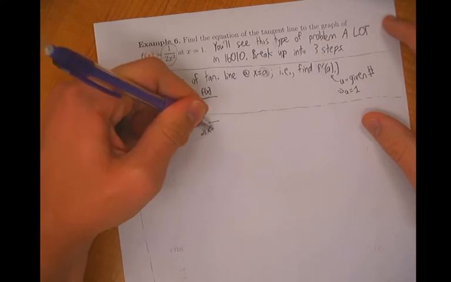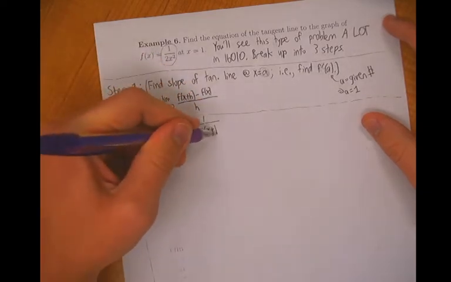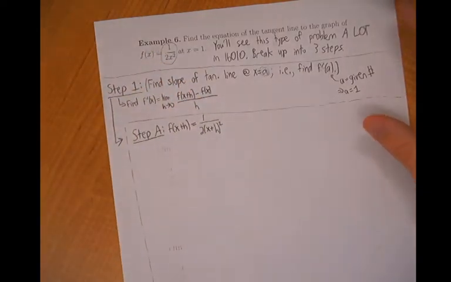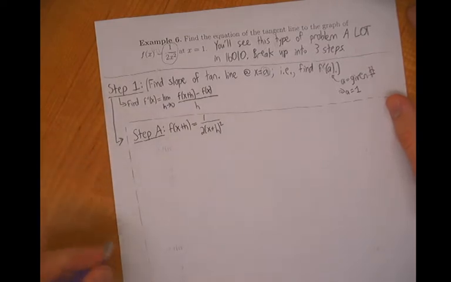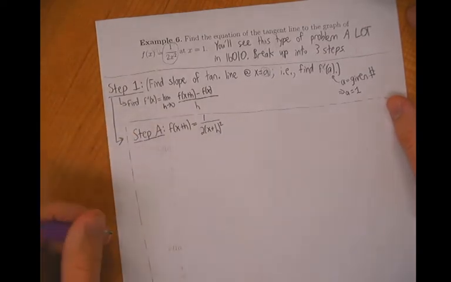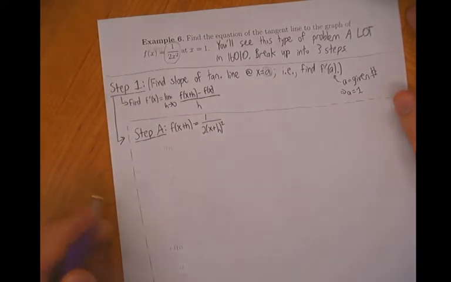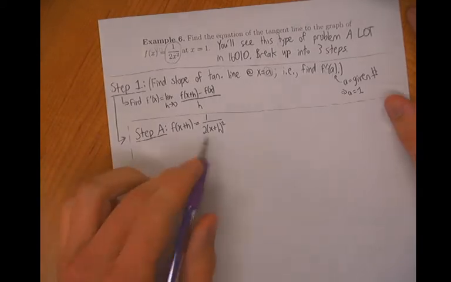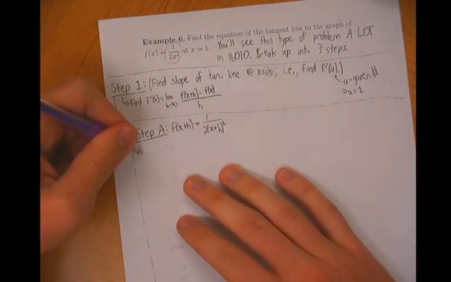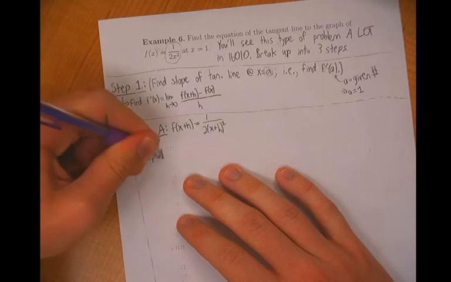Yep. 1 over 2 times the quantity x plus h, quantity squared. Okay. So for right now, that's all we can really do with this. I mean, we could factor this out or expand this out, but we'll be doing that later in a bit. So for now, let's just leave it at this point. So that's step A.